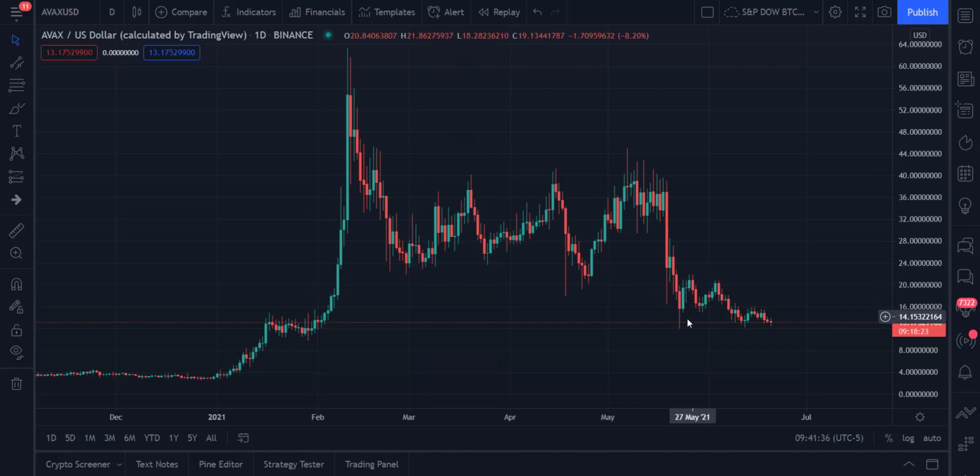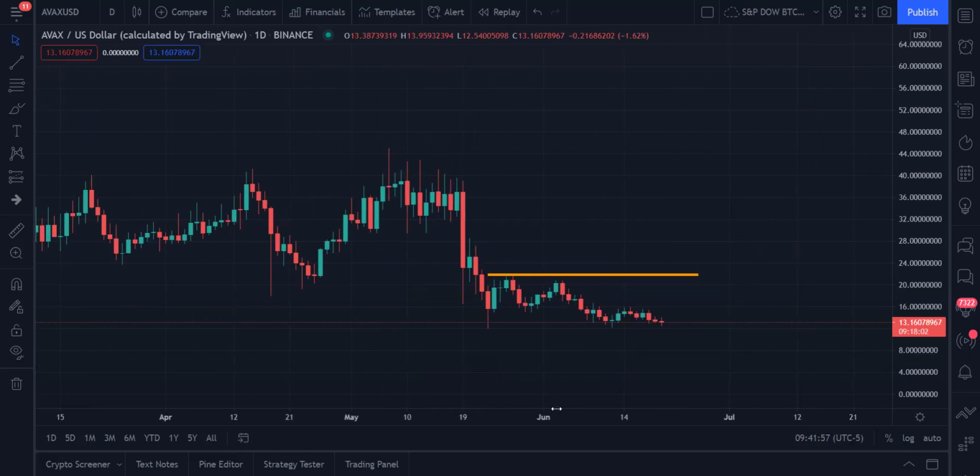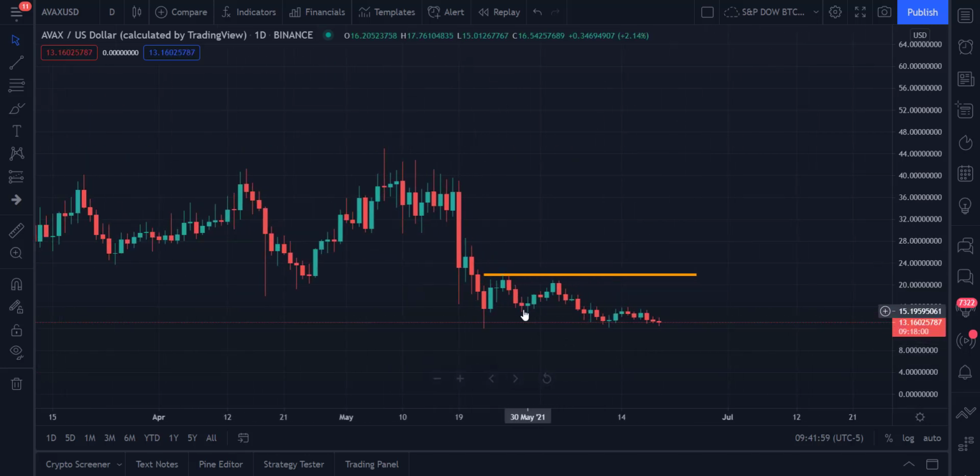Maybe in the coming days we'll see some more strength, but as of right now, I'm not really seeing it. And on the upper end, if we did end up getting a nice little rally, I would start to look for resistance here in the, what's that, $21 range, which would be very nice. And sometimes people will ask, how do you get these numbers?